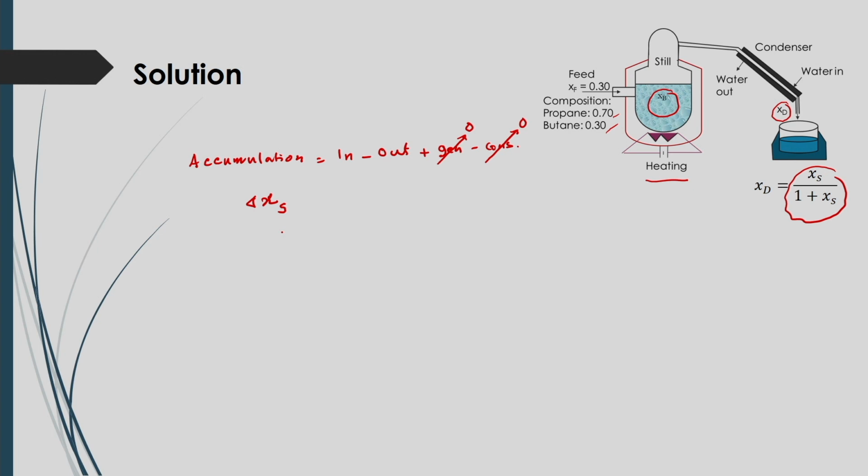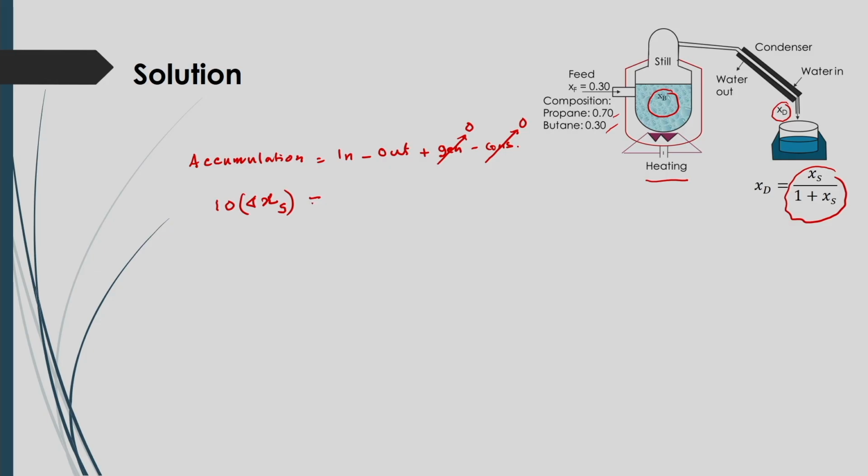Since the volume of this still remains constant at 10, we multiply this by 10, giving the total amount of butane at a particular time, and the change of butane over delta t will be 10 into delta xs. So this is your accumulation.